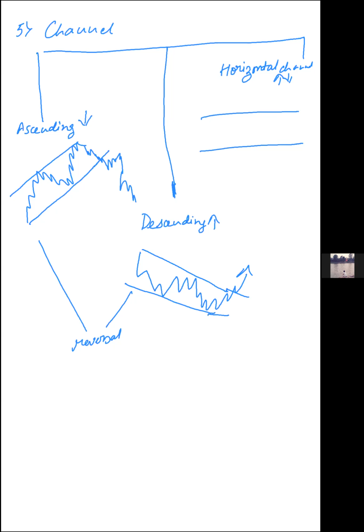It may be a continuation pattern. It may act as a reversal pattern. I will show you the cases in which a horizontal channel can act as a reversal pattern as well. And the move here is undefined, either upside or downside. Okay, fine. Yes, horizontal channel means sideways.